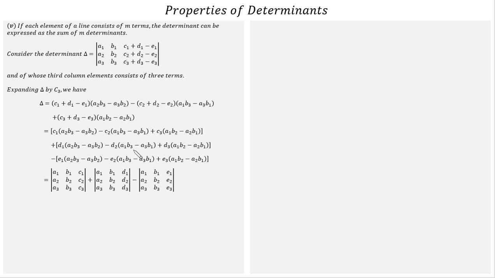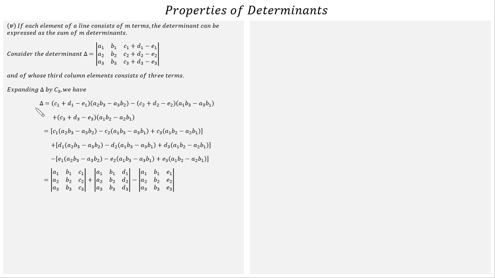Similarly, the second term of this expression is the expansion of this determinant along column 3, and the third term is the expansion of the third determinant of this expression along column 3, over here.